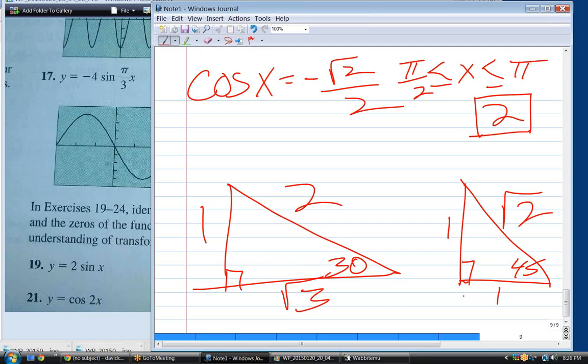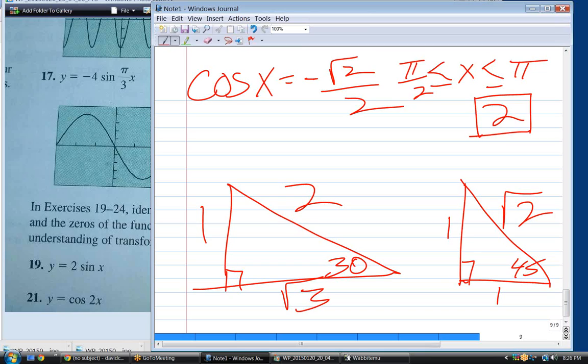So I like this way because we're used to calling stuff the unit circle. The unit circle means the radius is always 1. Well, if these are my unit special triangles, the side opposite the smallest angle is always 1. And it makes it easier to memorize, I think.